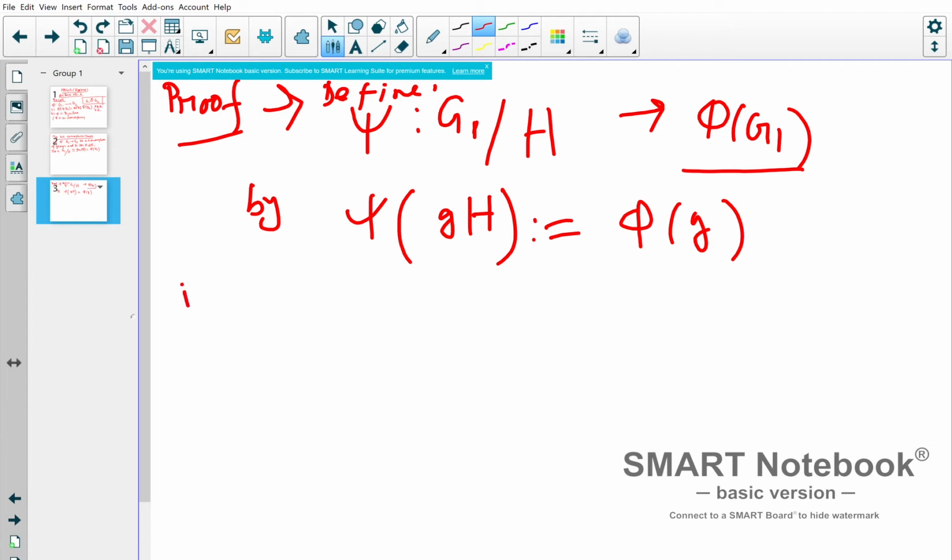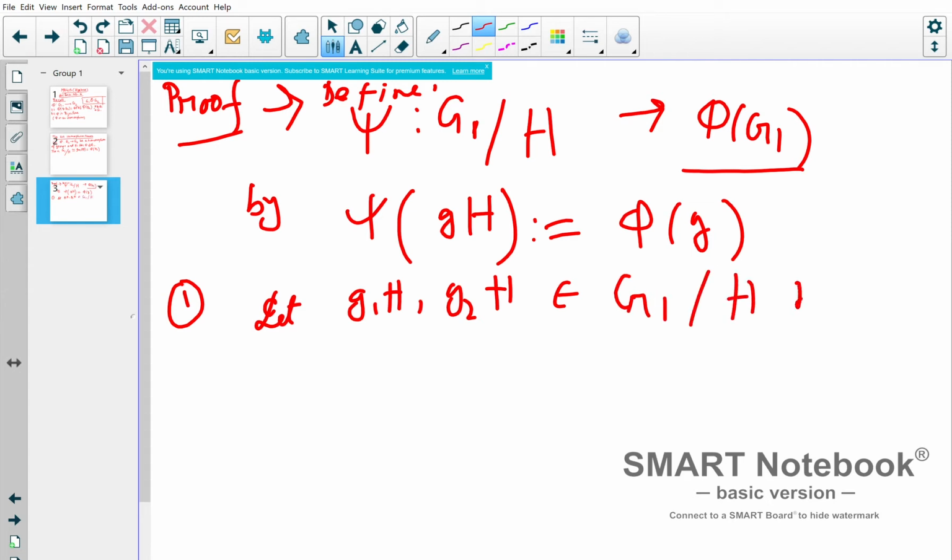So first, how to show this homomorphism property? To show something is a homomorphism, you need to check this property. So you have, say, G1H and G2H belonging to G1 mod H, two arbitrary elements.